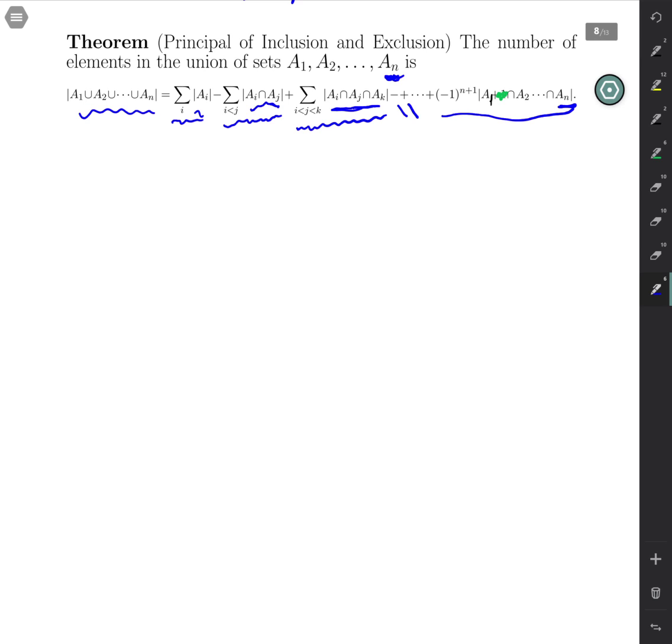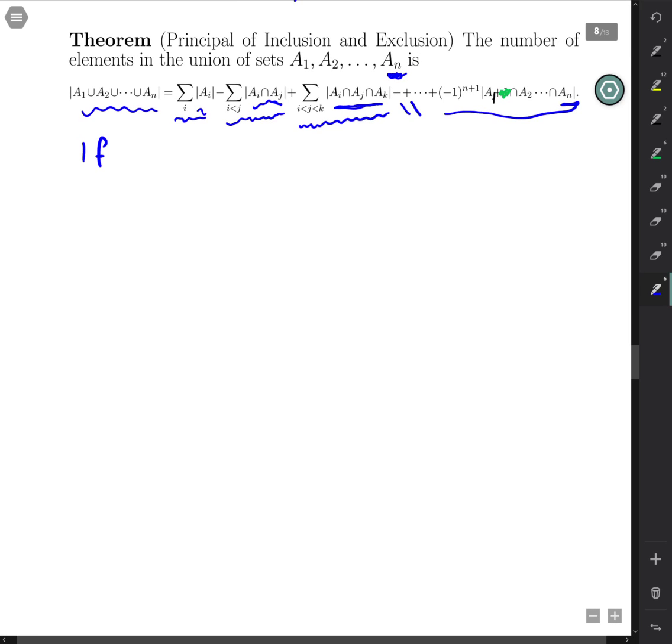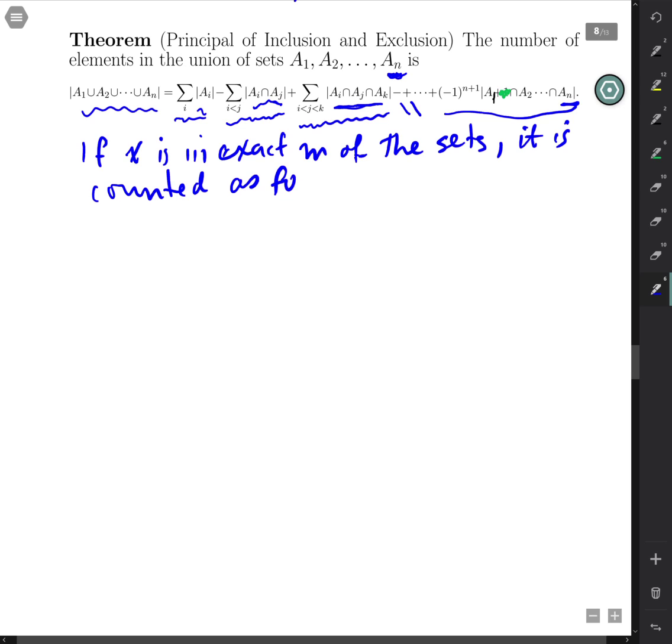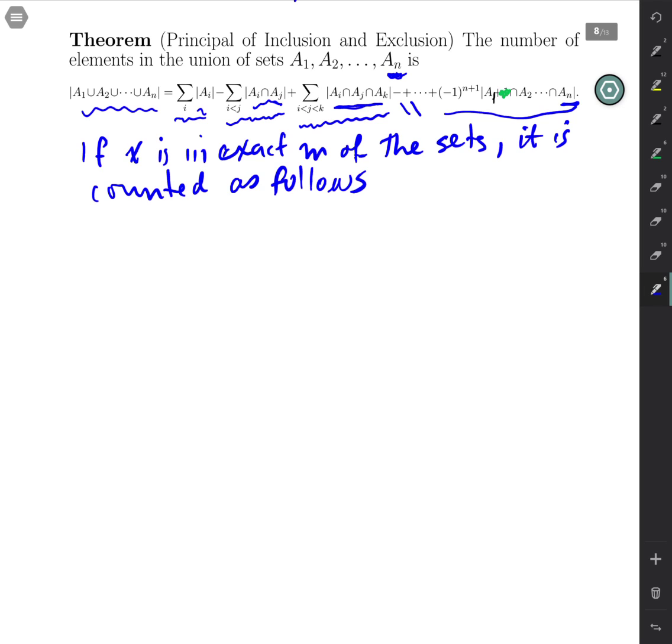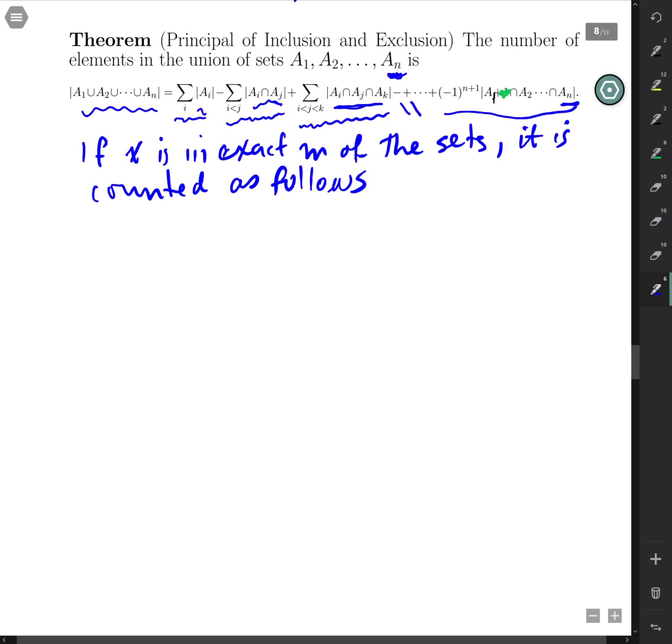So let's suppose something x is in exactly m of the sets, let's see how many times it's counted. I'm going to be drawing over this with a different color here. So on the left-hand side, it's counted once. It's just one of the things in that union.